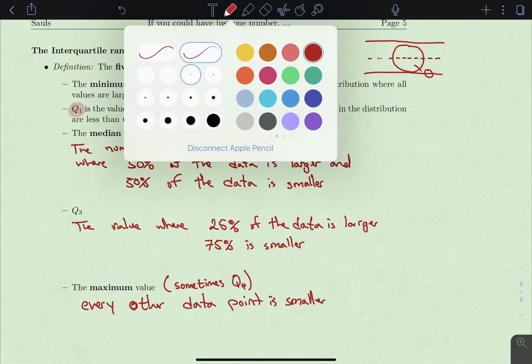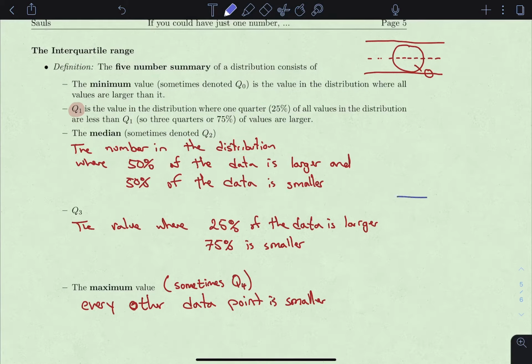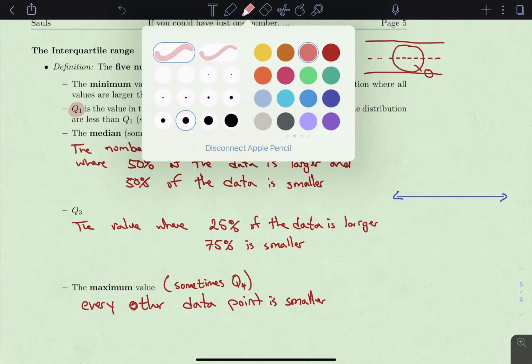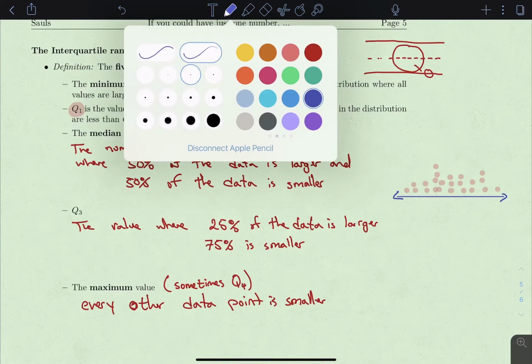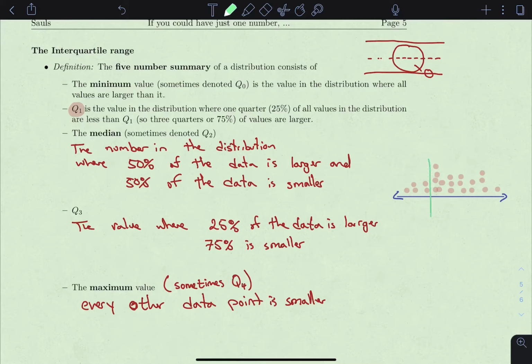So if you had a number line, and all these dots were going to represent data on the number line, starting to stack up in places, then what you're trying to do with the minimum Q0, Q1, Q2 or the median, Q3, and maximum Q4, is that each little area contains 25%.